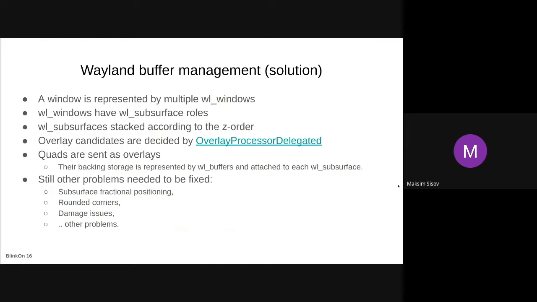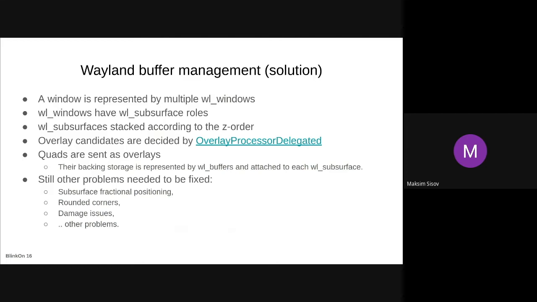The solution to this problem was to utilize Wayland subsurfaces. These are helper surfaces that can create a single window. They can also be stacked according to the Z order. This information is passed as a part of the Wayland overlay config. We also created a so-called delegated overlay processor, which decided which quads can be promoted as overlays.